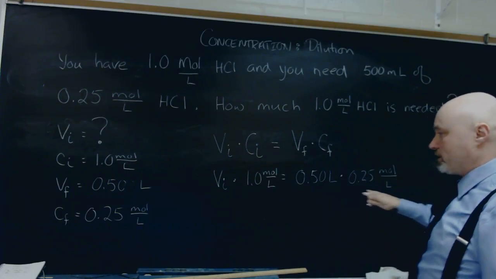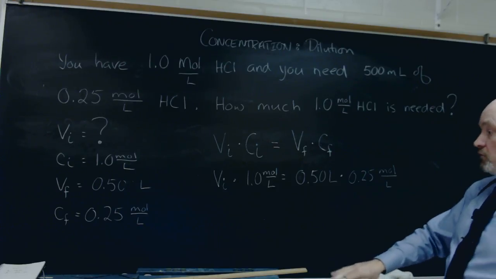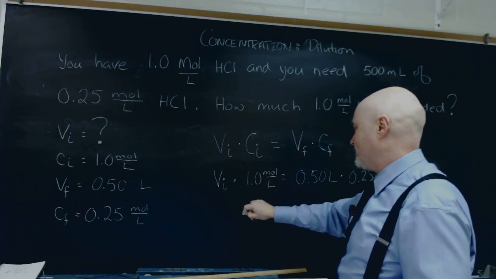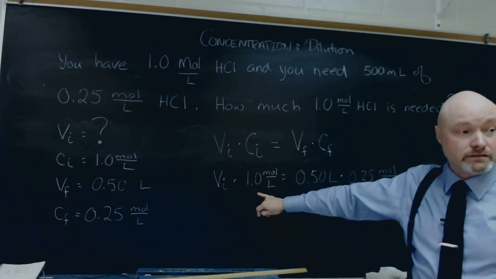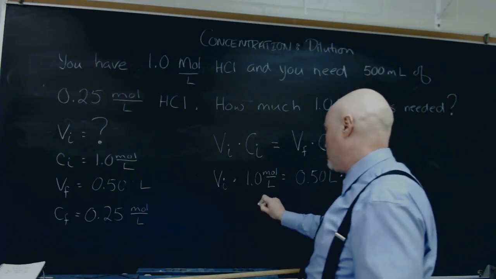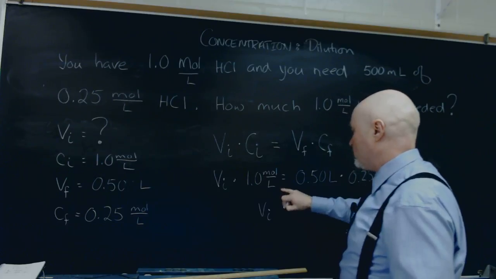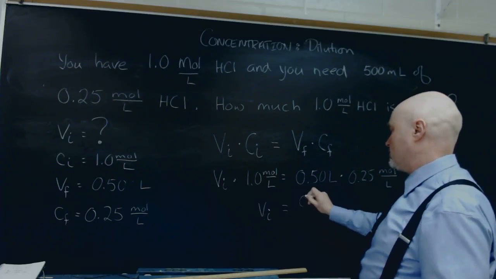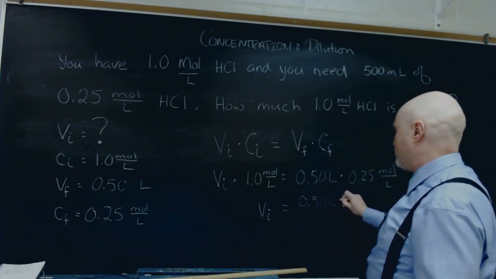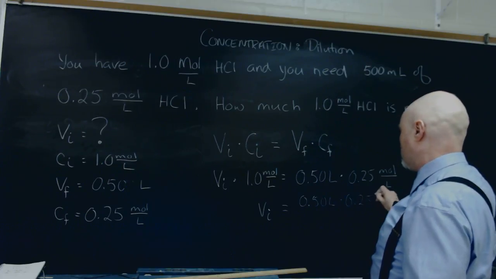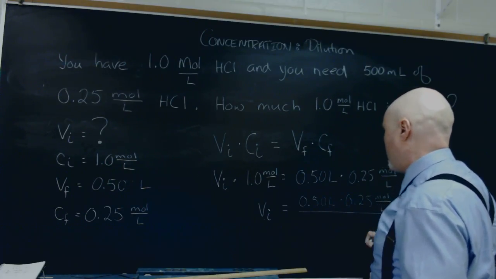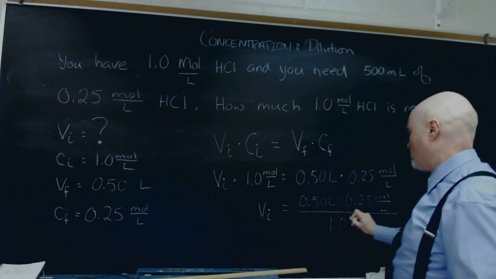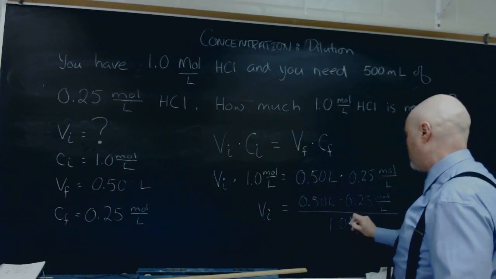And so I just need to rearrange this equation for the initial volume. And I can do that by dividing by 1 mole per liter, which actually seems sort of redundant, dividing by 1. But it will make my units cancel out. So 0.5 liters times 0.250 moles per liter divided by 1 mole per liter.